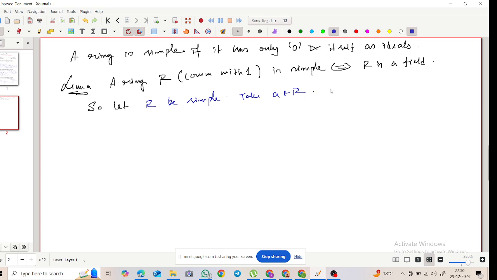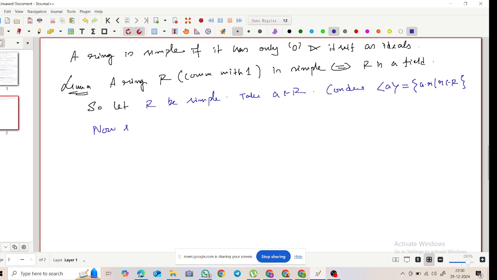So consider the ideal generated by a. Do you know the meaning of this? Are you familiar with this notation? This is nothing but a times r for r belonging to R. This is the ideal generated by a.